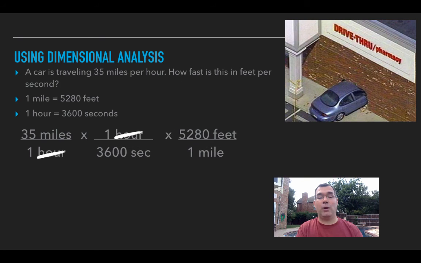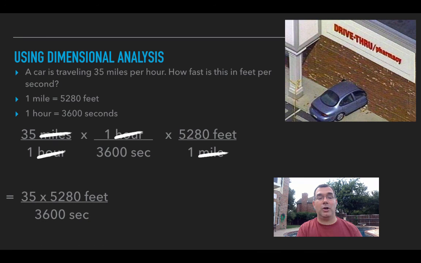I also know that 1 mile is 5,280 feet, so 5,280 feet over 1 mile, those are worth the same, so it's like multiplying by 1, but the units are different. So notice how the miles on top of what I was given will cancel with the miles on the bottom of what I created. So now the only units that I'm left with are feet and seconds.